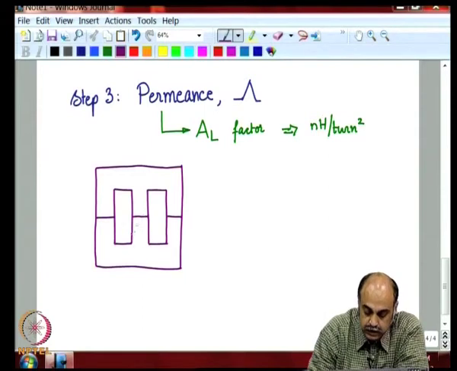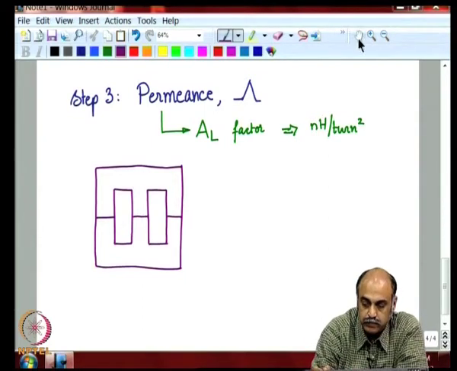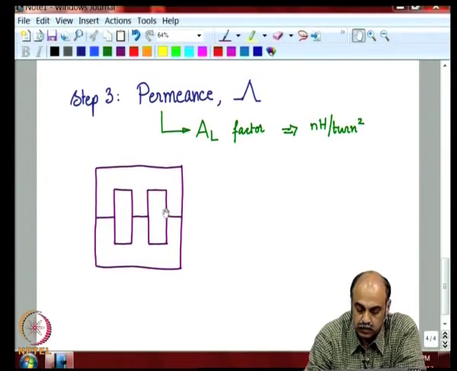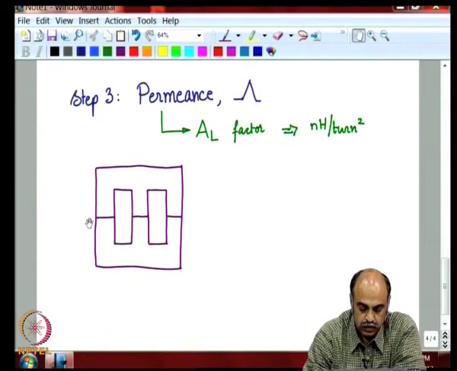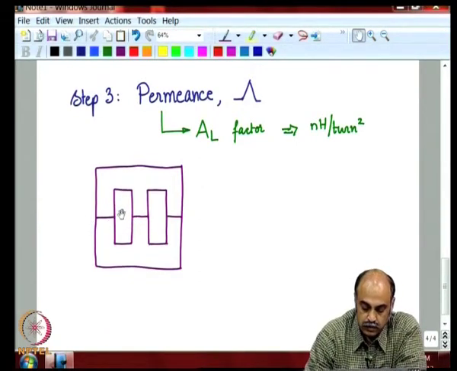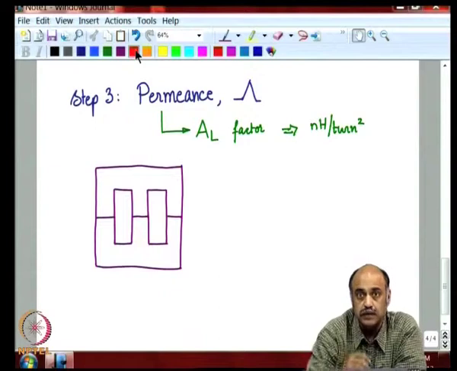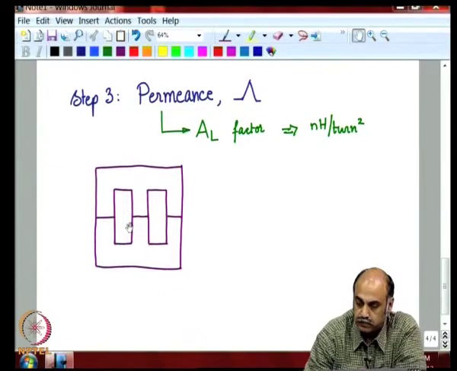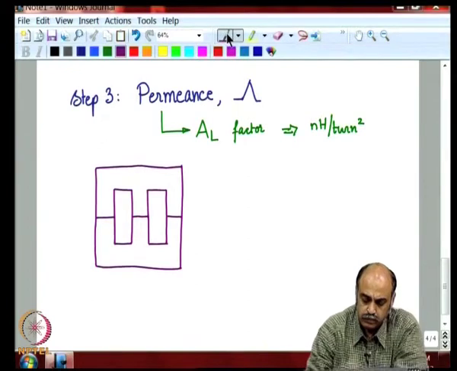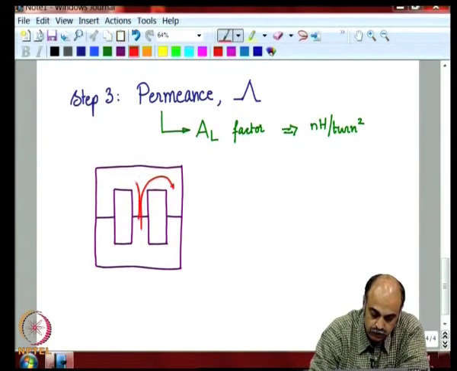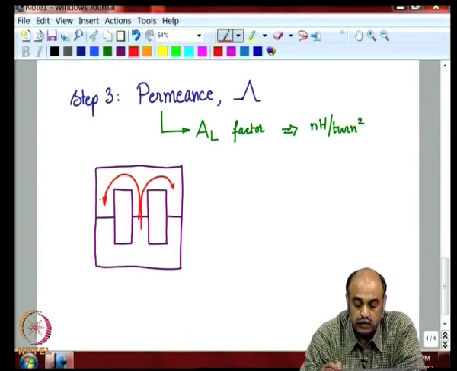Normally, the central limb will have a cross section which is twice the cross sections of the outer limbs, and the two outer limbs together will have an equivalent cross section which is same as that of the central limb. So, when the flux flows, it divides and flows through the two limbs.